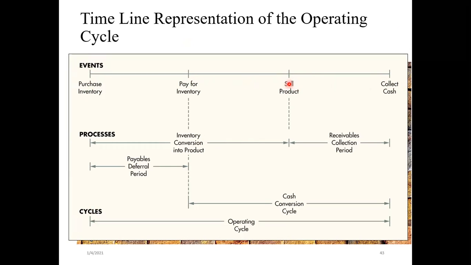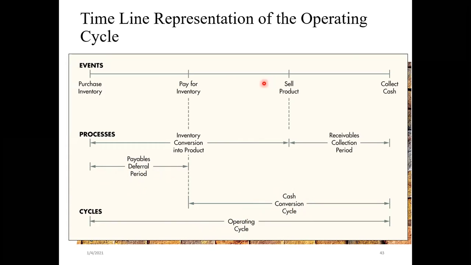And on the other side, we can extend the period to settle our creditors. Say we purchase raw material on a credit basis, and the credit period may be 4 months. This kind of strategy helps to reduce the operating cycle, the cash conversion cycle, right? So these are the techniques.